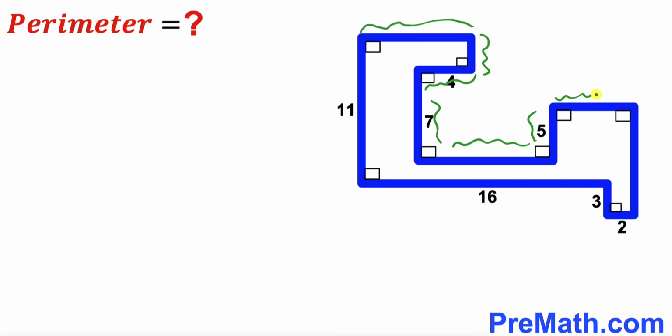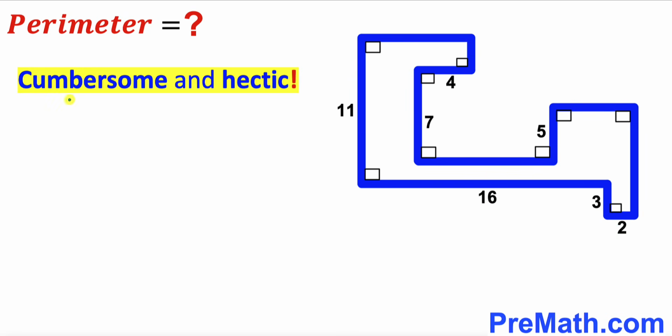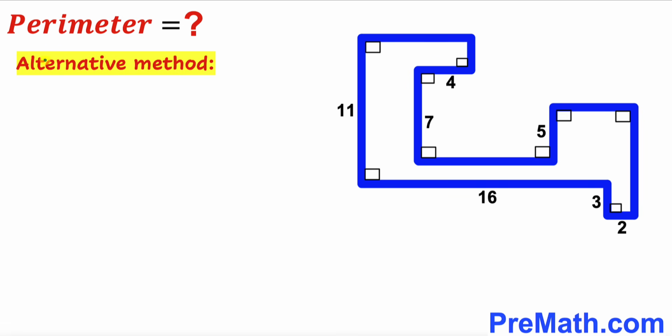These all side lengths, we have to just add them up. However, this approach is going to be very cumbersome and hectic. So therefore, we are going to take an alternative approach to make our job simple.